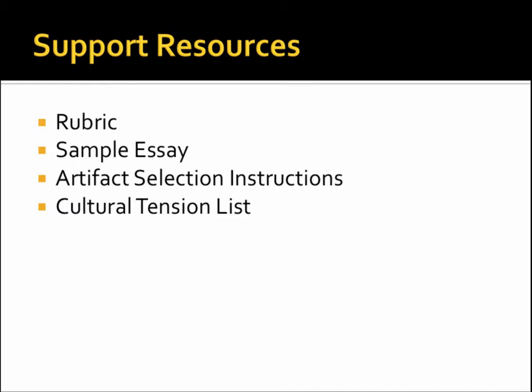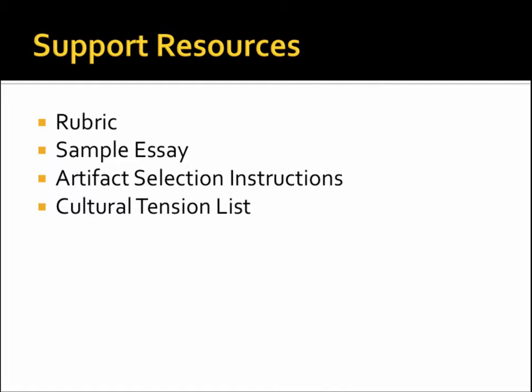Now, there are 4 support resources that I've already posted in the course that you're going to need to study and use as you develop this paper. There's a rubric, and that's the actual sheet I use to score your essay, and it goes point by point through what you need in each element. And then there's a sample essay, which comes from a Humanities 250s course, which is Humanities before the Civil War, so you won't have to worry about any of the examples being something you might have wanted to use.